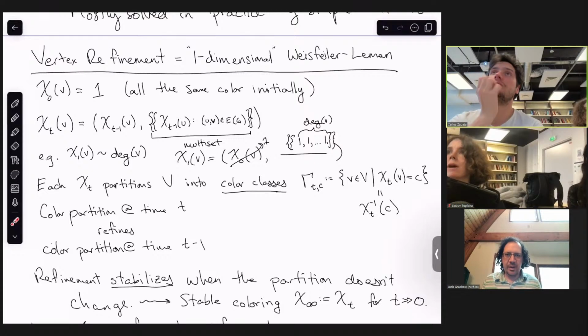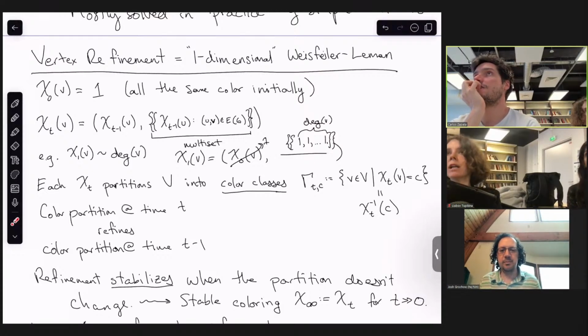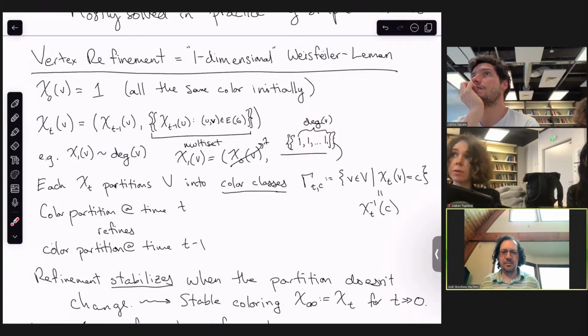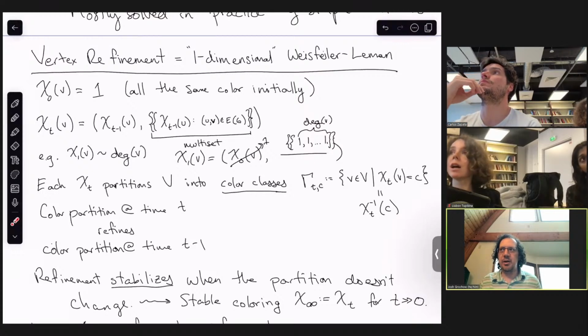So you say that you started as an iterative process. I mean, you didn't say iterative, but you can consider it as an iterative process? Yes, I think of it as an iterative process.